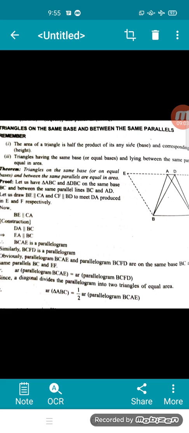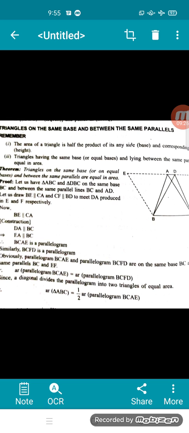Now BE is parallel to CA by construction, and DA is parallel to BC, so EA is parallel to BC. BCAE is a parallelogram. Similarly, BCFD is a parallelogram. So area of parallelogram BCAE is equal to area of parallelogram BCFD.